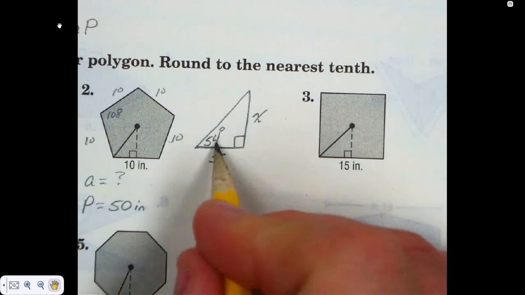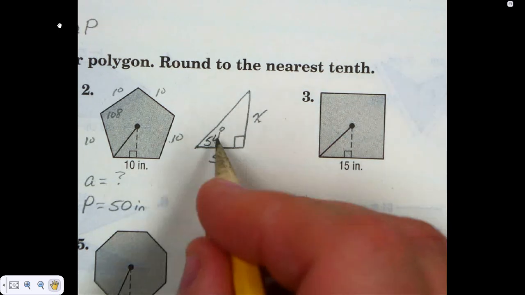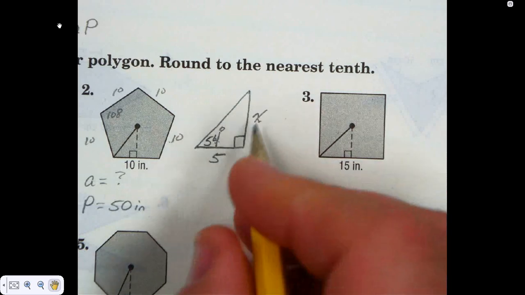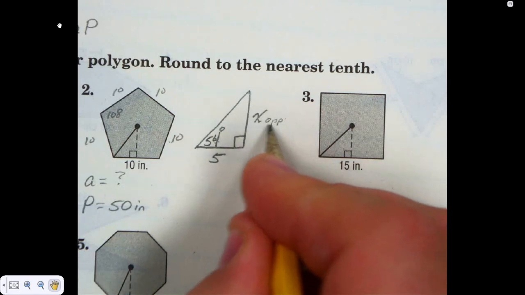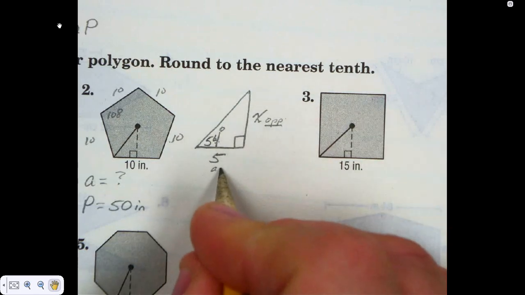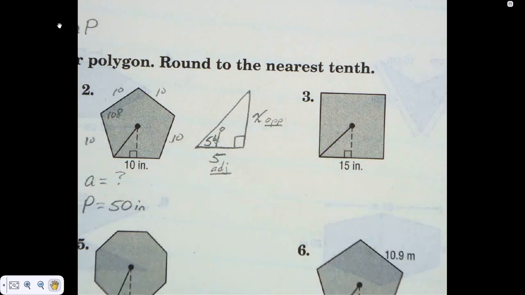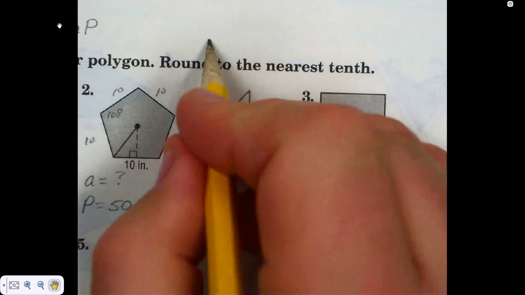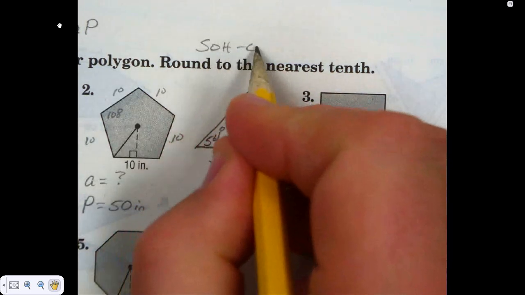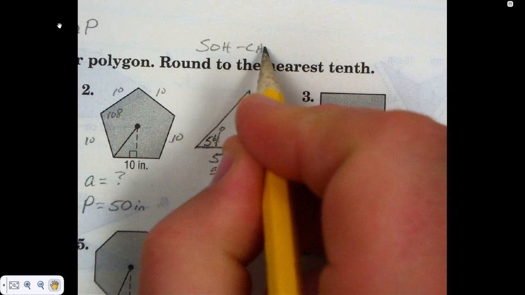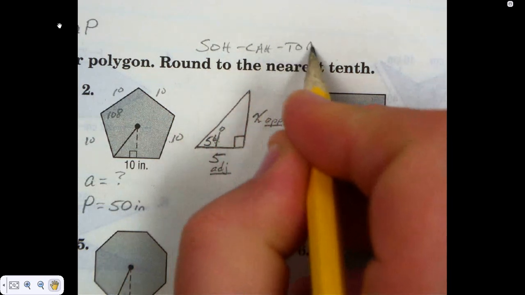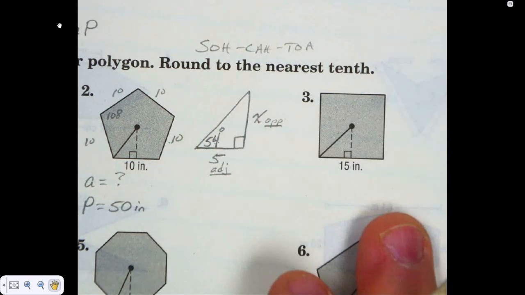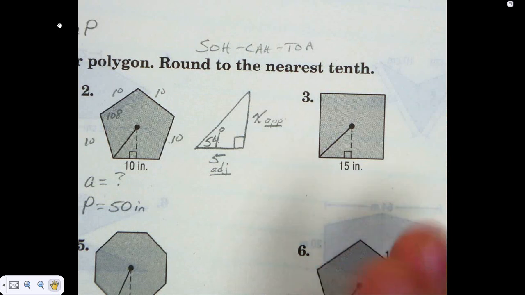Now, they gave us a measure of an angle. With respect to this angle, what have they given us? This is the opposite, and this is the adjacent. SOHCAHTOA. Which one is opposite and adjacent? Tangent.